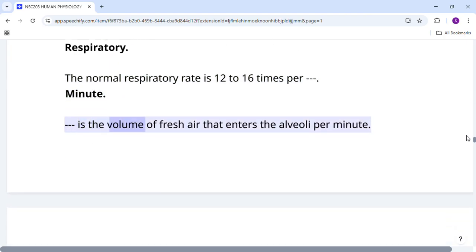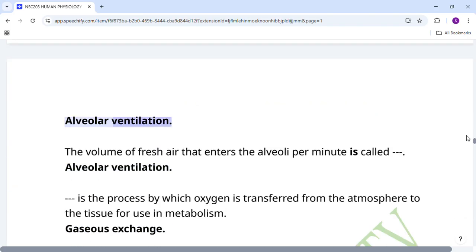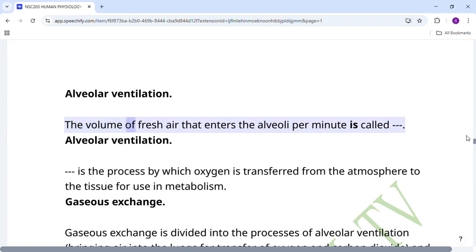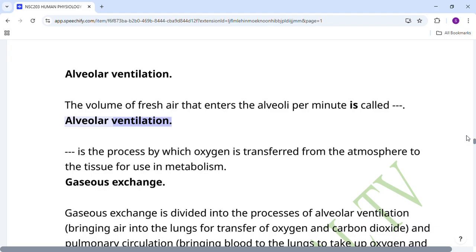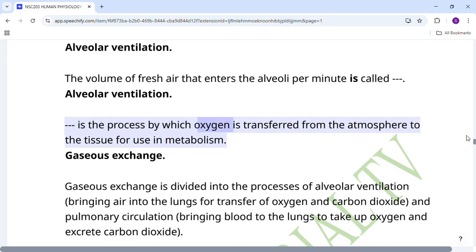Alveolar ventilation is the volume of fresh air that enters the alveoli per minute. Gaseous exchange is the process by which oxygen is transferred from the atmosphere to the tissue for use in metabolism.